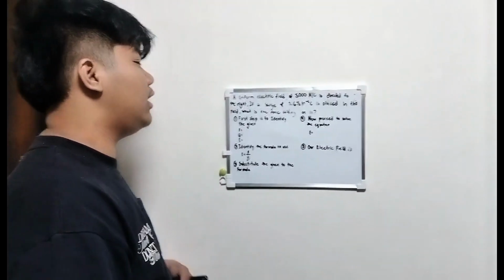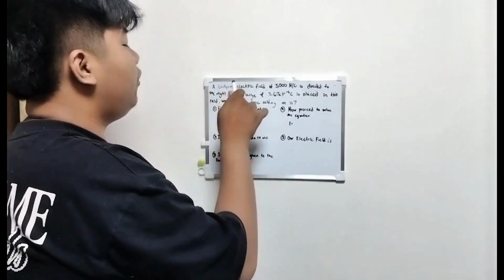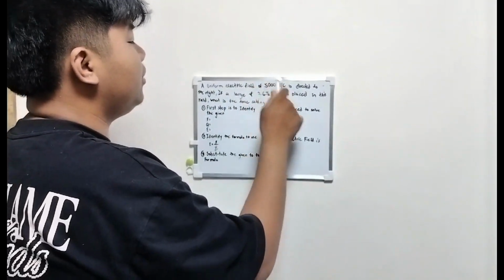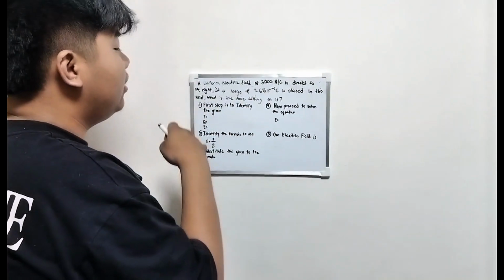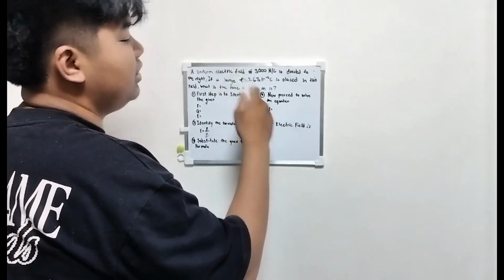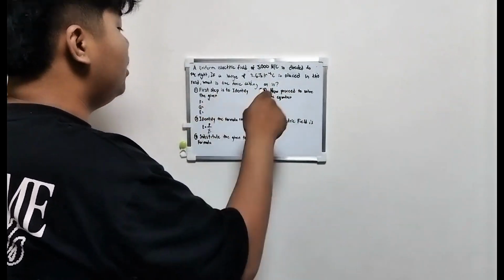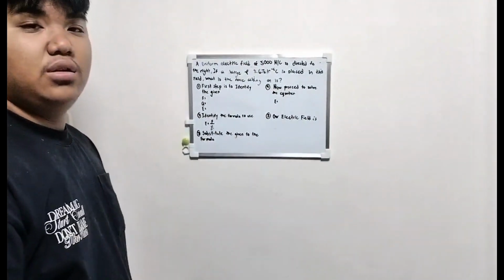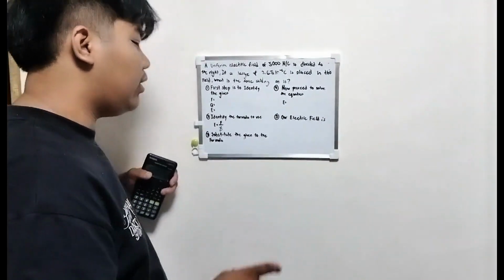Now, for the third and last problem, a uniform electric field of 5,000 newtons per coulomb is directed to the right. If a charge of 2.67 times 10 raised to negative 6 coulomb is placed in this field, what is the force acting on it? Again, our first step is to identify the given.